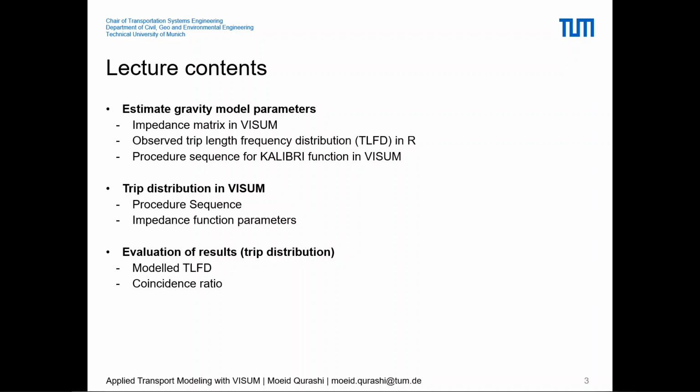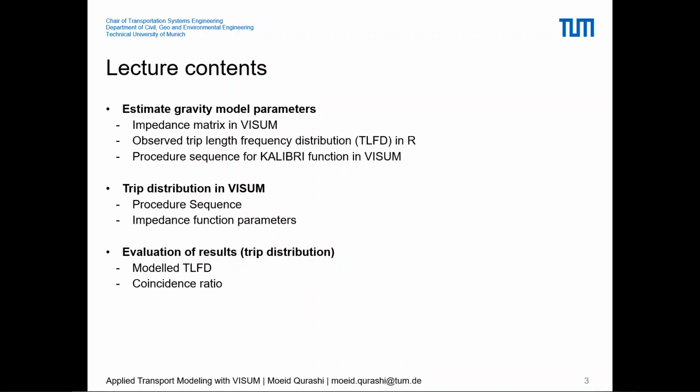To have this, there are three major components that we need to work on. The first one is to estimate gravity model parameters, to convert the productions and attractions to an OD matrix in the step of trip distribution. We will use the gravity model technique, which requires an impedance matrix in Visum and an observed trip length frequency distribution, which we will extract from the trip survey using R, and then the procedure sequence to calibrate in Visum.